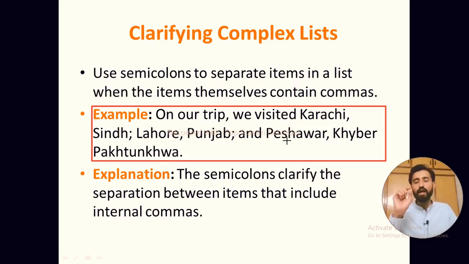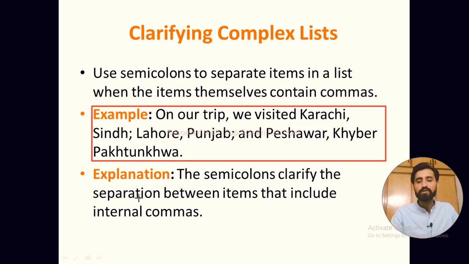So अगर हम इसको सिर्फ कॉमर्स के साथ एक दूसरे से अलग करें, so it shows definitely we'll have a lot of confusion. But when it comes to semicolons, so ये एक complex list है और इस complex list को हमारे पास ये मजीद अच्छी तरह क्लैरिफाई करता है. जो सिटीज है हम उनको कॉमर्स के थ्रू यहाँ पर सेपरेट करते हैं और शो करते हैं, जबकि सेमीकोलंस हमारे पास एक डिटेल्ड इंफॉर्मेशन प्रोवाइड करती है, that Lahore, which is in Punjab, Peshawar, which is in Khyber Pakhtunkhwa, and Karachi, which is in Sindh.